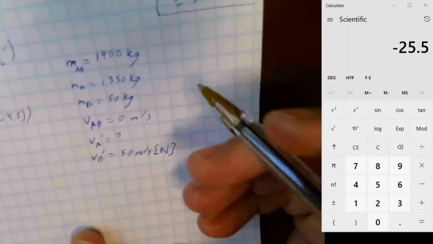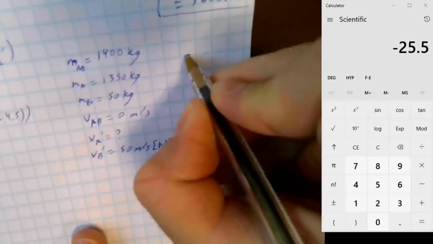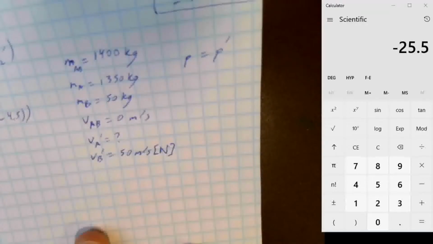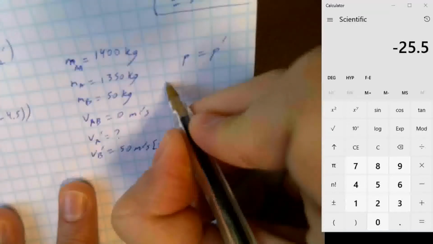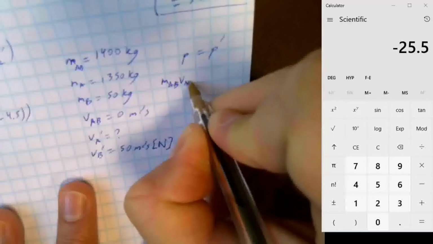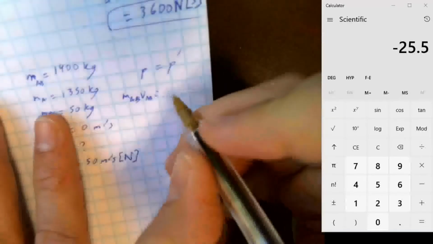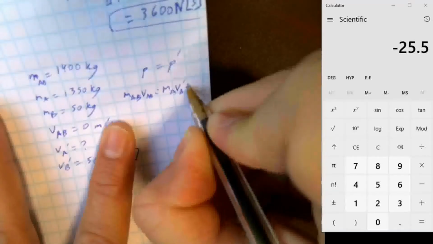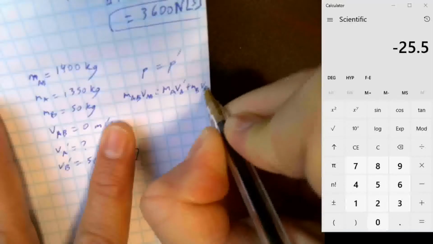Now, my momentum before has to equal my momentum after. My momentum before in this case is MAB VAB. My momentum after is MA VA prime plus MB VB prime.